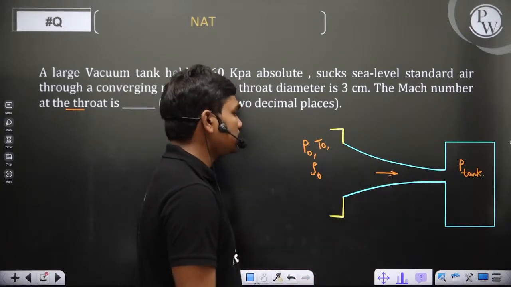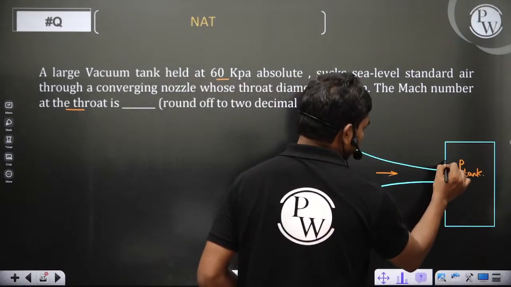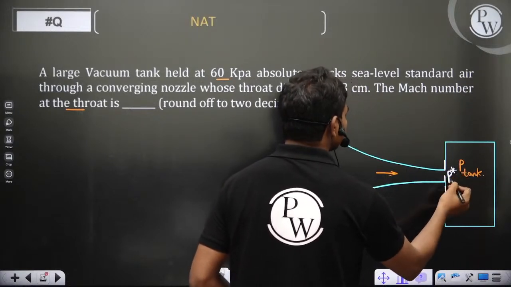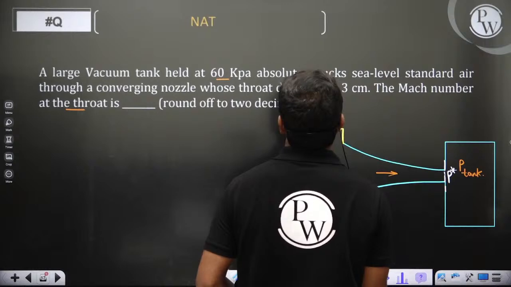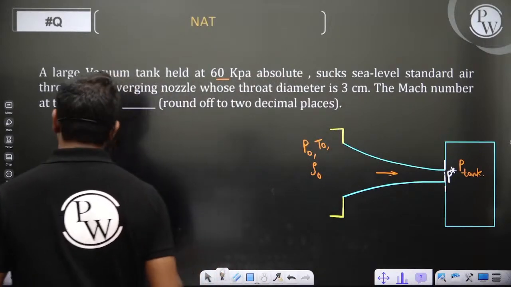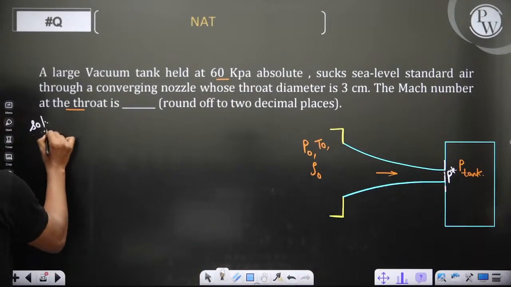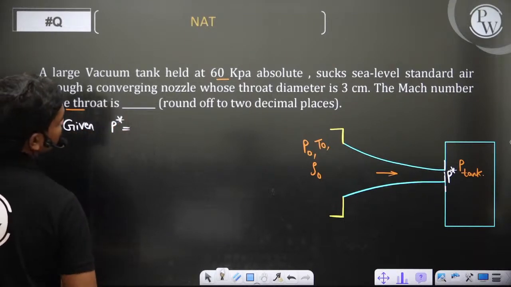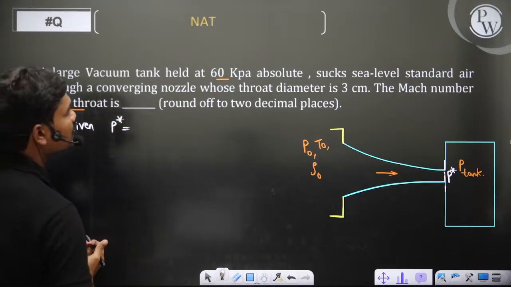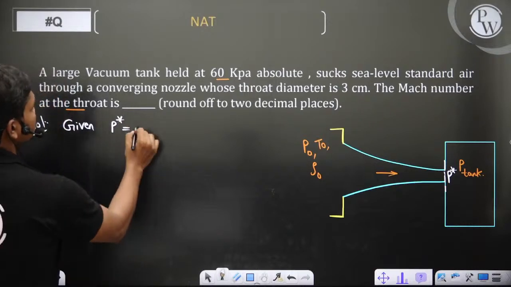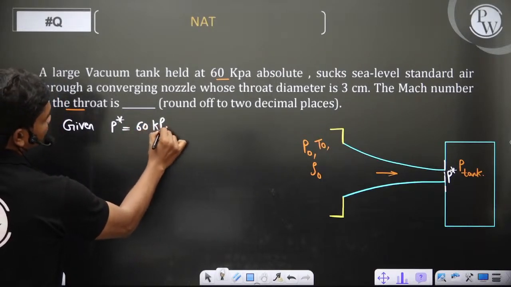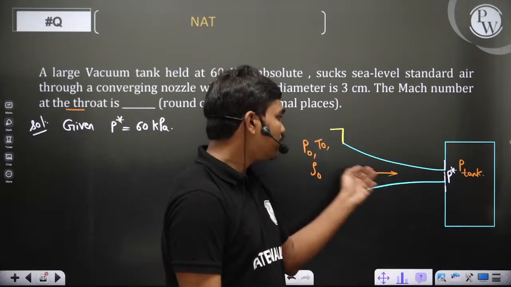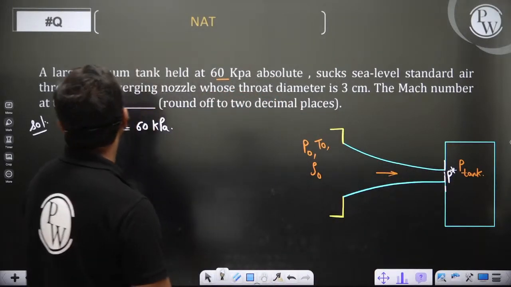So this quantity is the pressure of the tank, which is nothing but P star. So P star is 60 kilopascals. Because if the tank is at 60 kilopascals, then this throat will also be at 60 kilopascals, for the maximum mass flow rate.